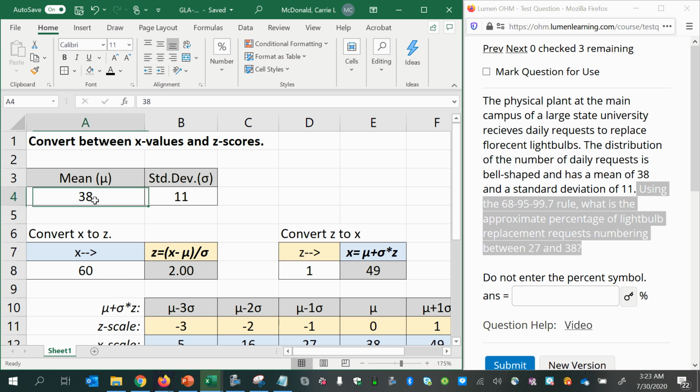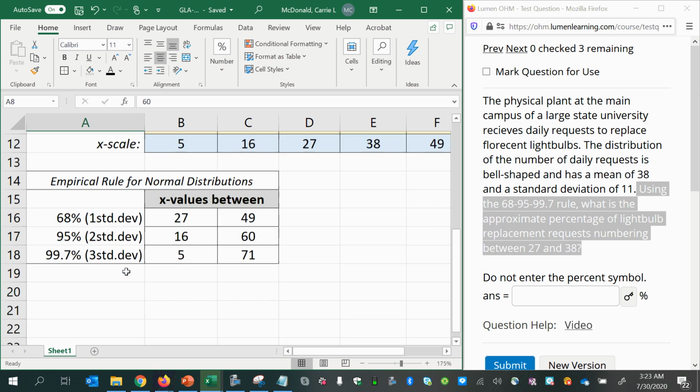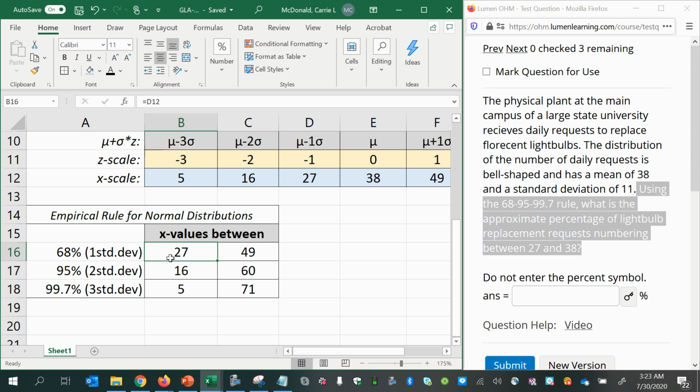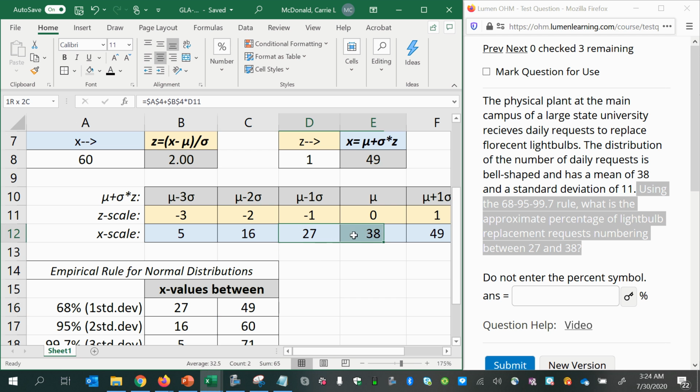Okay, so I'm going to come down here and see that 27 is 1 standard deviation below the mean, but 38 is not. So it might help to look at the way they lay out here, or you can just convert them each to z-scores.